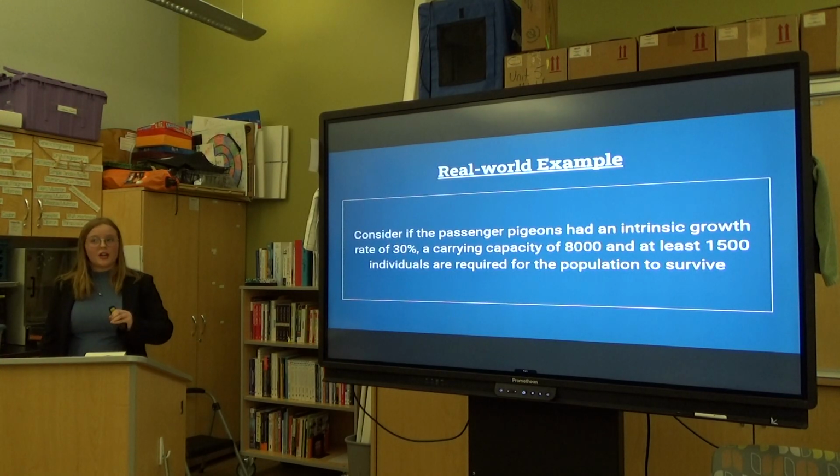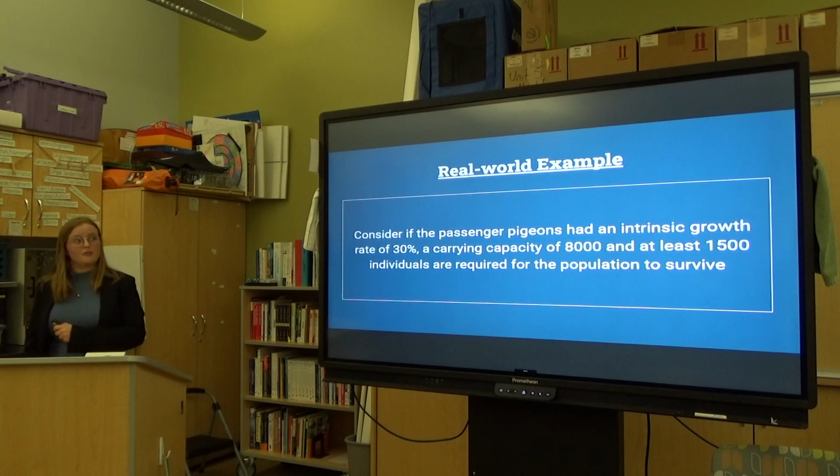I'm going to be scaling my graph with respect to the thousands, so the 8,000 individuals will be taken as 8, and the 1,500 will be taken as 1.5.